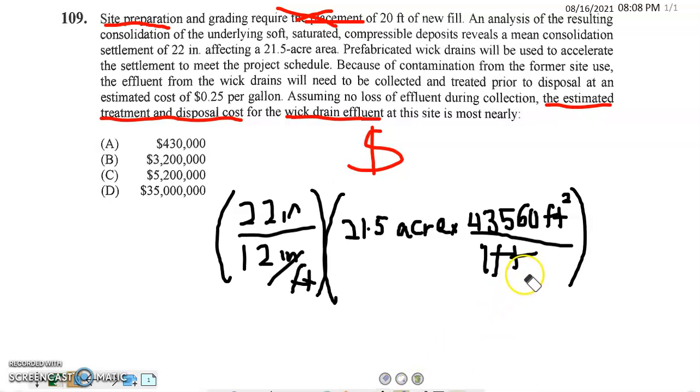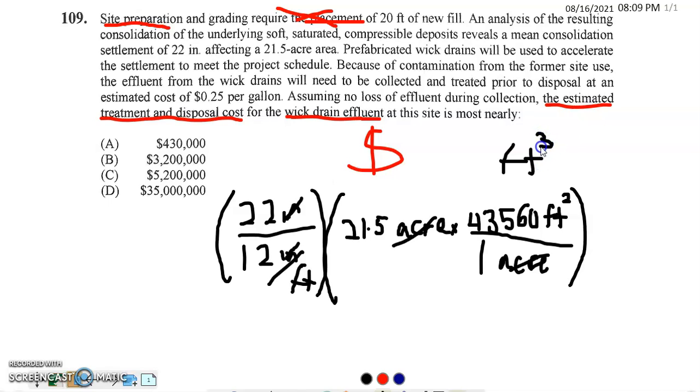Let me erase that. 1 acre. The acres cancel out, the inches cancel out, so we should end up with cubic feet. The whole thing gives me cubic feet.